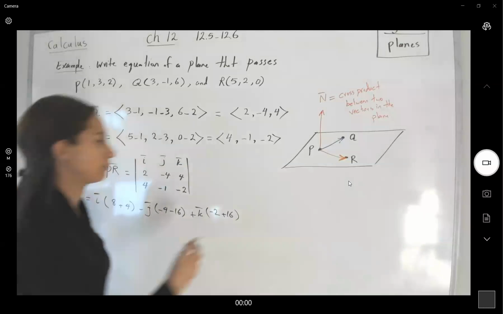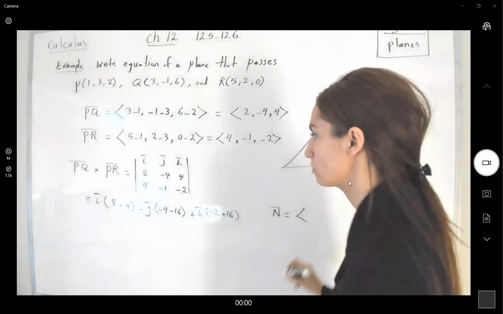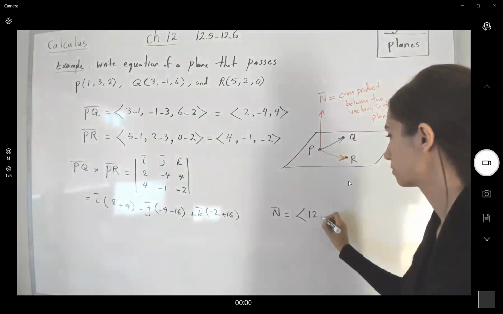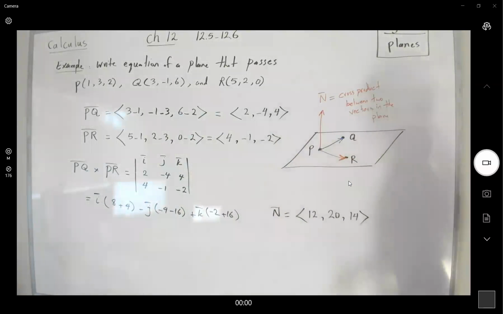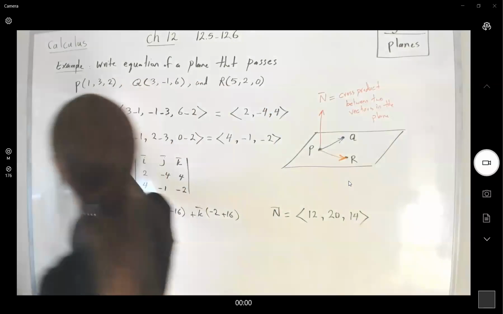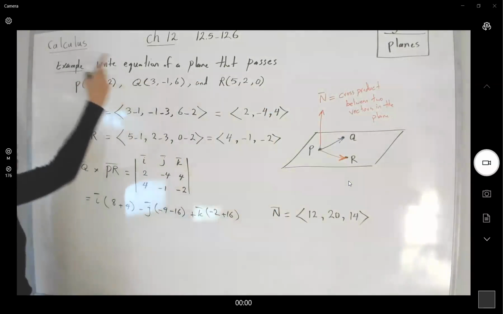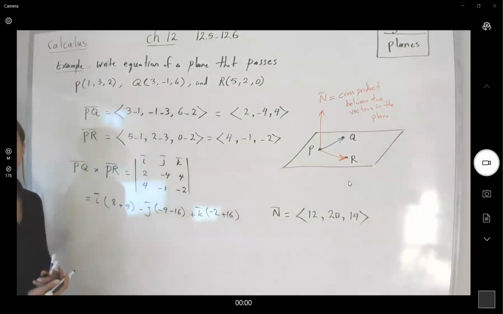Okay, our normal vector is 12, 20, and 14. Take 1 point on the plane, like P 1, 3, 2, and you have your normal vector. Just write the equation of the plane.